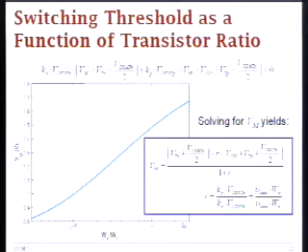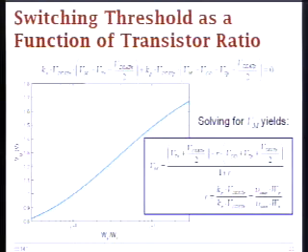If you plot Wp over Wn on a logarithmic scale, then we see that when Wp over Wn changes, let's say from 2 to 3, Vm doesn't change much. That's good news: your VTC characteristic doesn't shift much if you use a Wp over Wn of 3.5, or 2.5, or even 2.